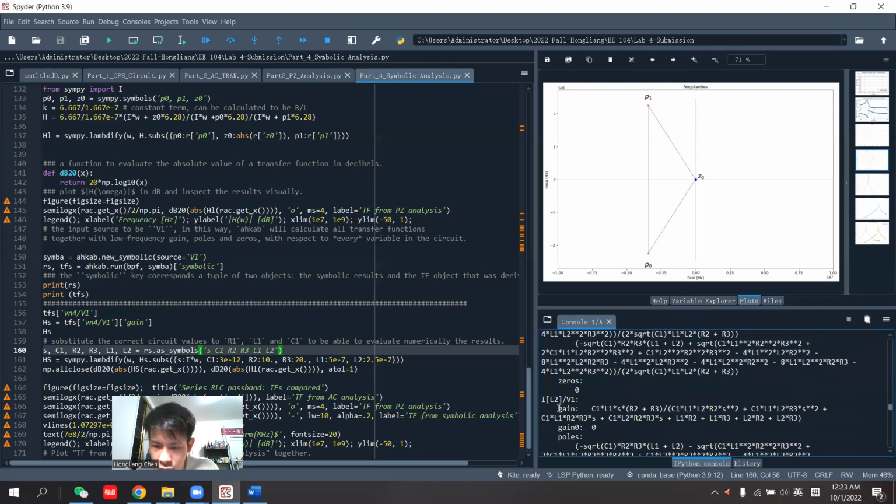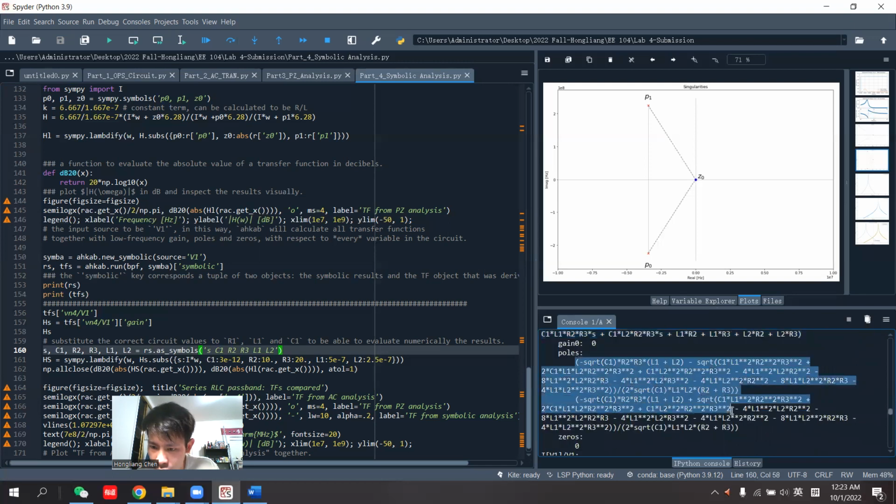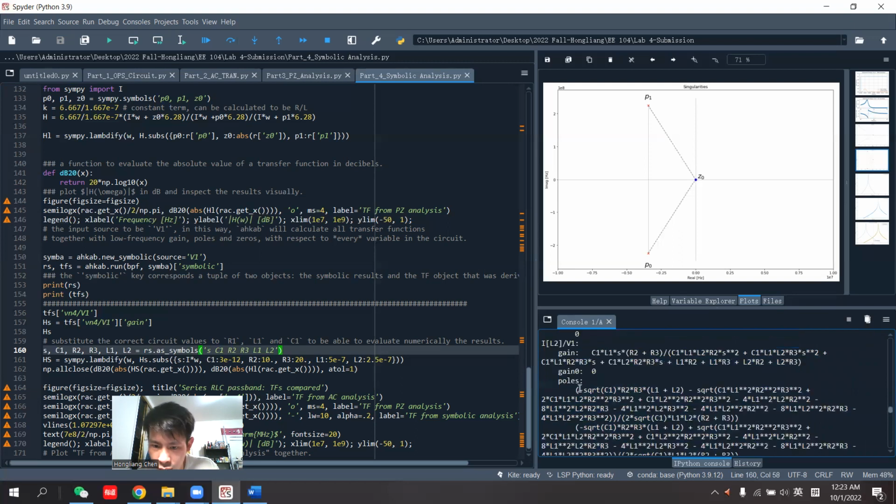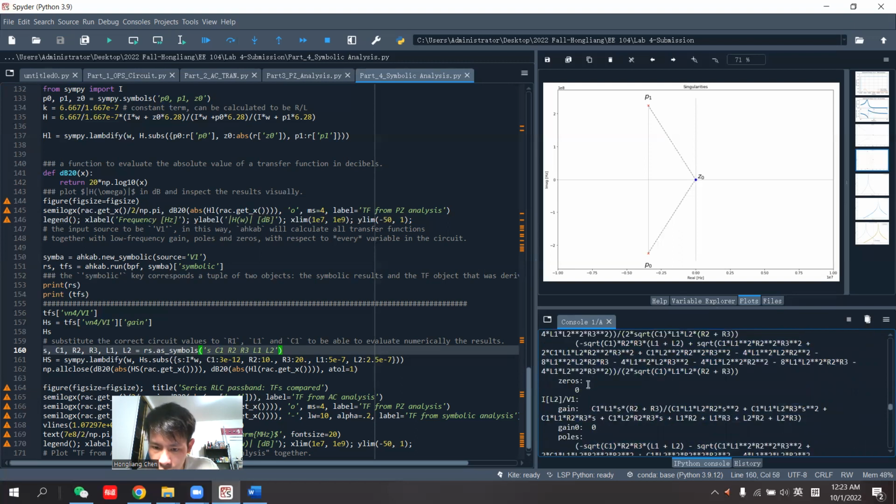The pole we could find by using this formula. And then for the second transfer function, for the current flowing through the second inductor over the input voltage, the transfer function is shown here, and the pole we could also calculate by using this formula, and the zero is 0 in this case, and the zero is 0 in the first case too.